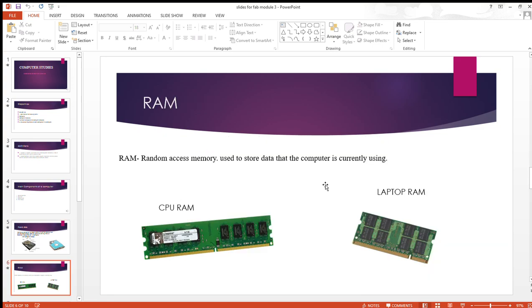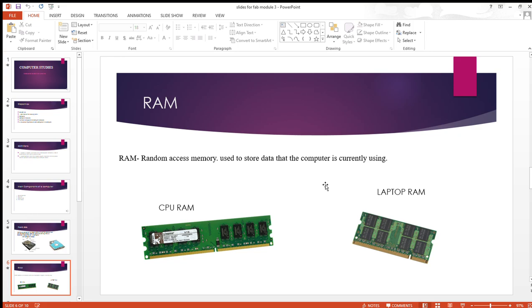Now let's go to the RAM sticks. This is RAM, meaning random access memory, used to store data that the computer is currently using. Now when we talk of RAM, whatever program is run by the computer, the computer allocates memory to that program. Now these memories are located in the RAM. With me here, I have displayed two models of the RAM.